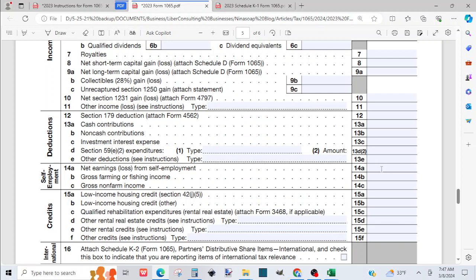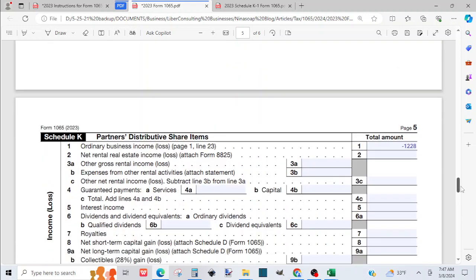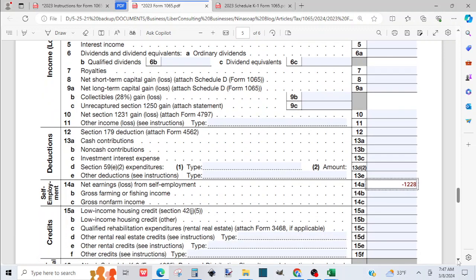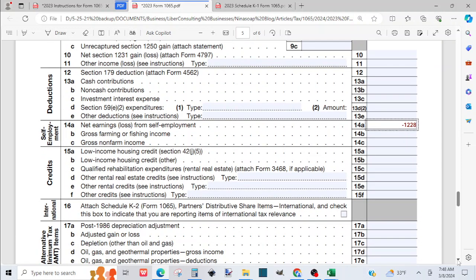In this example, when we say those two people own this business, a type of LLC, we will put the full loss here, and we have that loss on line 1 of Schedule K. So that'll be negative 12.28. Pretty much the amount of the profit that is subject to self-employment is what you put there.